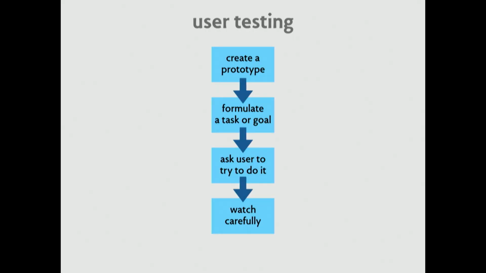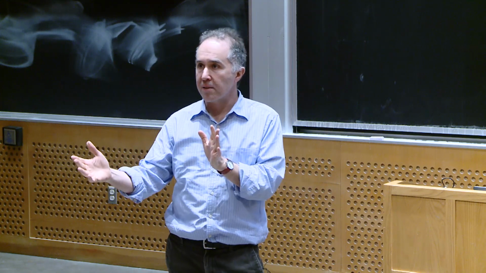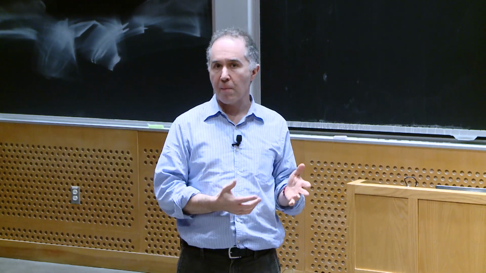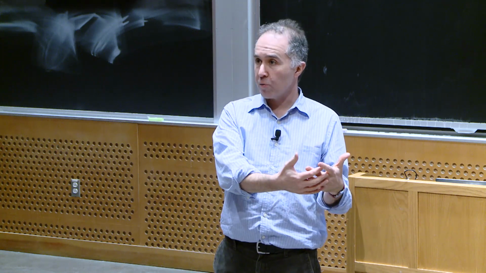And so the way you actually use these things is you build this prototype, and then you sit someone down in front of it, and you basically watch how they actually try and do a particular task. And to make this useful, you have to formulate that task carefully. So typically what you'll do is you'll come up with a short list of tasks, and you'll present the task to them either by suggesting some actions they might take, or perhaps suggesting an eventual goal you would like them to reach.